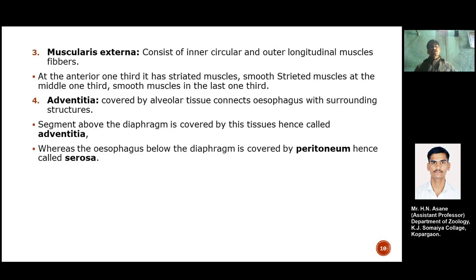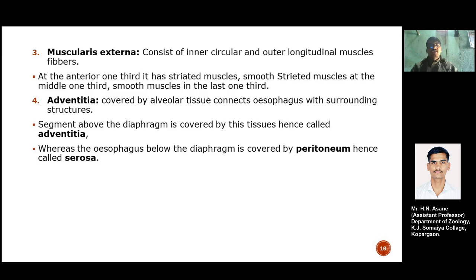The middle one third of the muscularis externa is occupied by a mix of striated and smooth muscles, and the last one third is composed of smooth muscles.